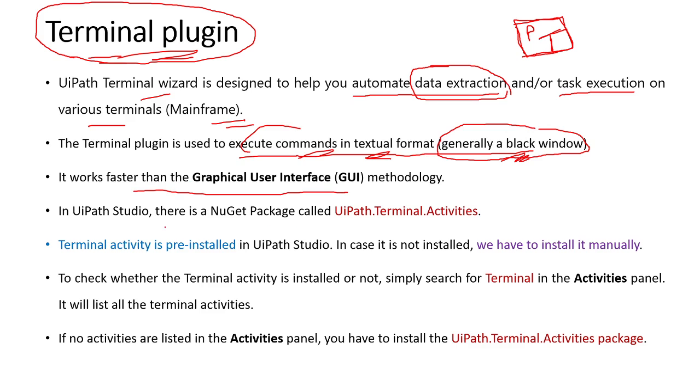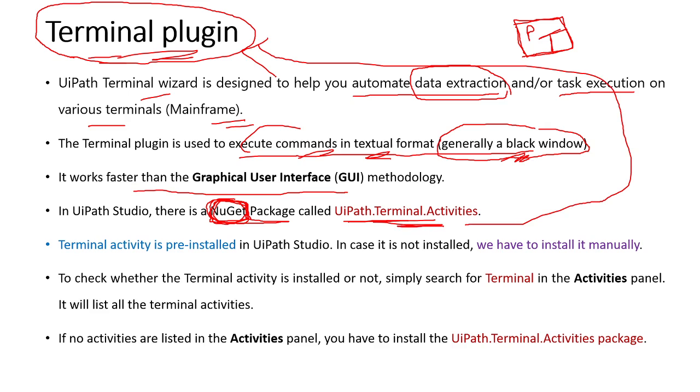Clear? In UiPath Studio there is a package system called NuGet, which is a collection of packages, like a library. The package called UiPath Terminal Activities provides the plugin called terminal plugin.